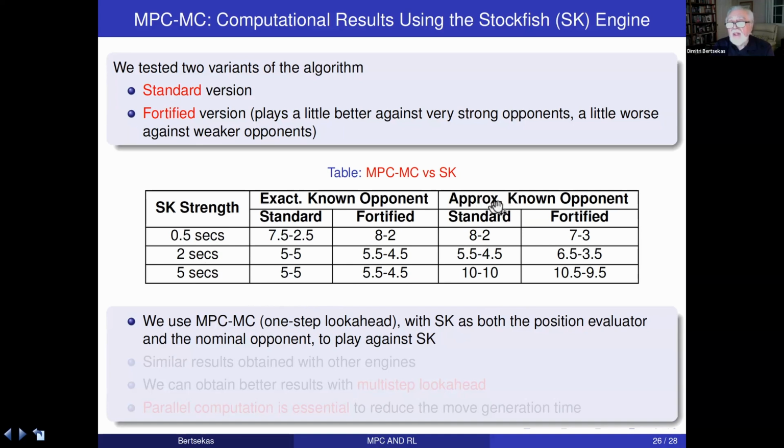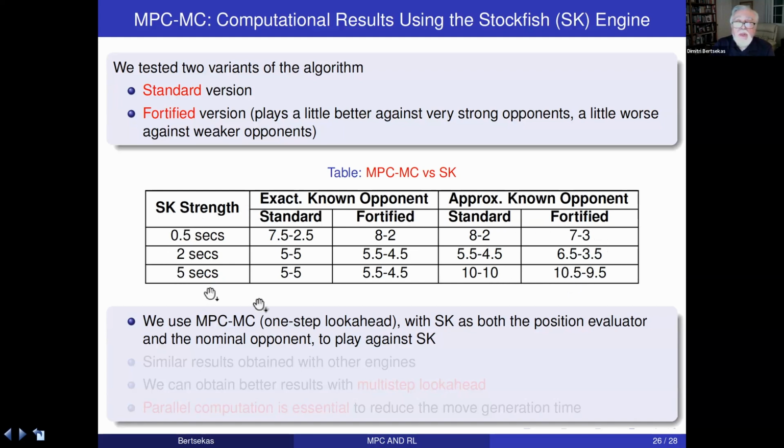Now, we also have done experiments with an approximately known opponent where we cannot predict the move of the opponent exactly. And the results are a little worse, but still very good for our architecture. Of course, at the 5-second level, Stockfish plays almost perfect chess. And it's hard to measure the improvement, but still we get an improvement.